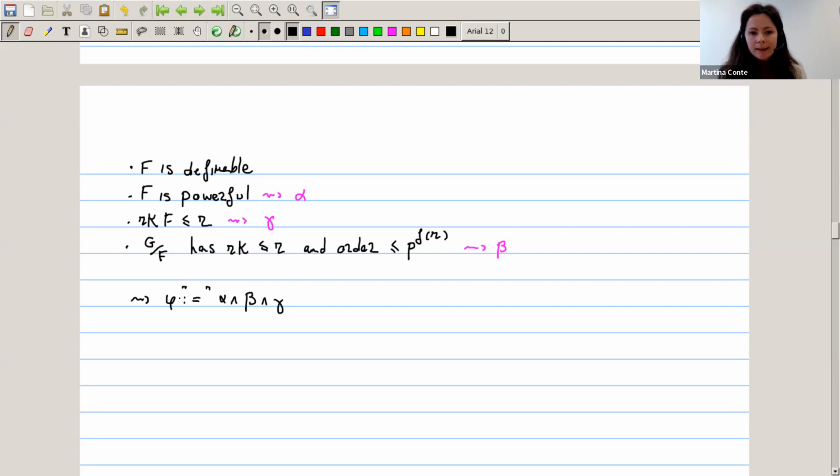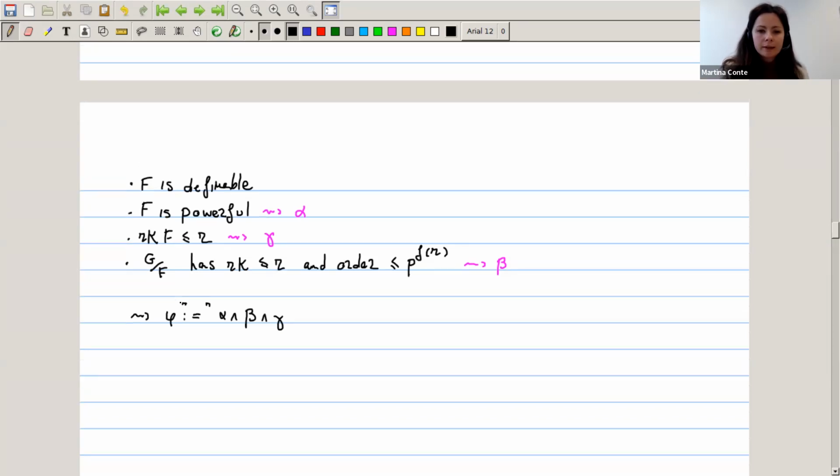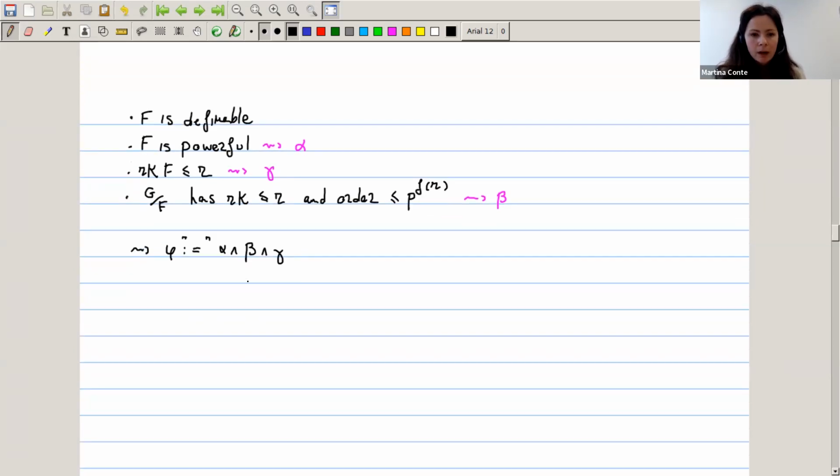So now we have this sentence that is certainly satisfied by a pro-P group of finite rank, because this just tells us that we find a normal powerful subgroup F that has bounded rank by R, and such that the quotient of G by this group F has bounded order and bounded rank by R.